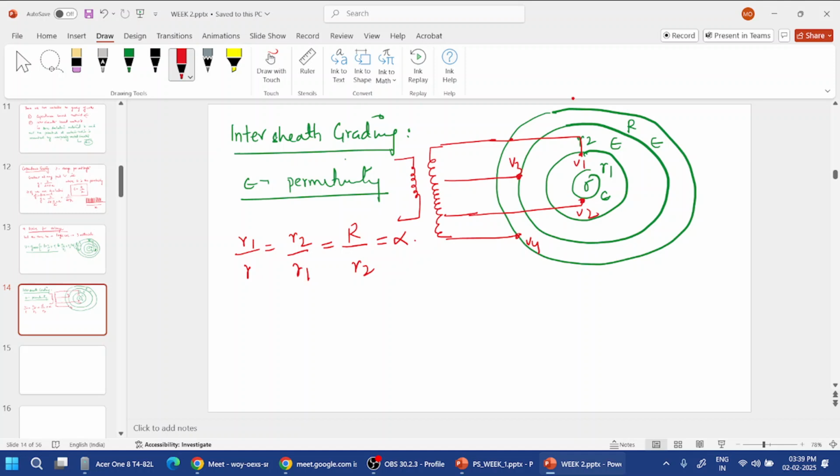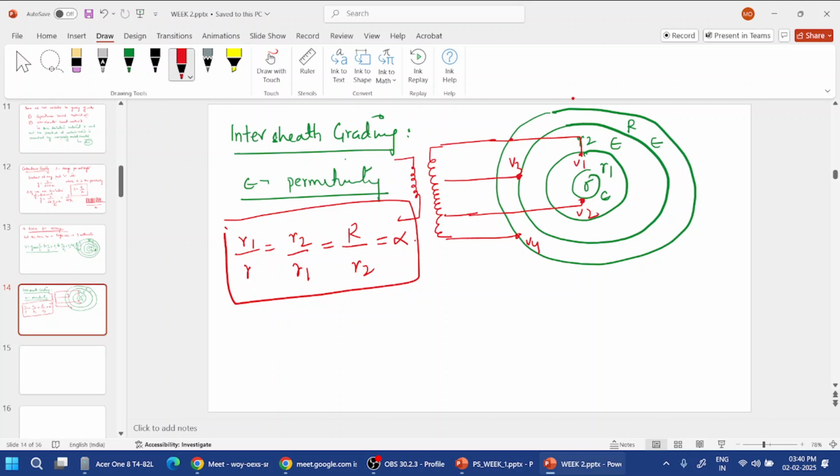The objective here is to show that the gradient with intersheath will be smaller than the gradient without intersheath for the overall radius. A homogeneous material is being used, and the maximum value of stress at various intersheaths will remain the same. So basically, we divide the thickness in such a ratio that R1 upon r is equal to R2 upon R1 is equal to capital R upon R2 is equal to alpha.